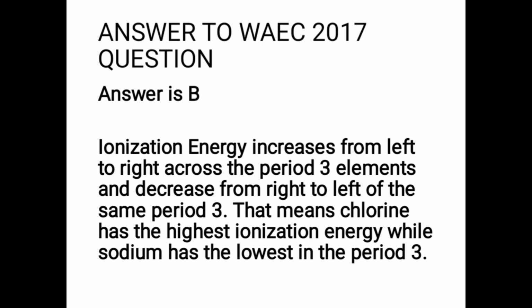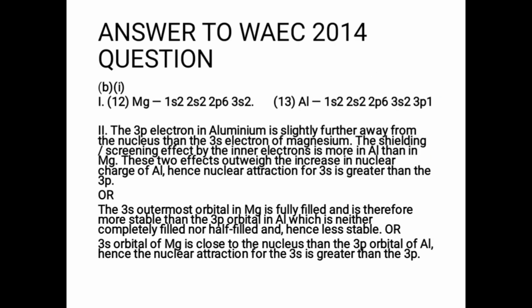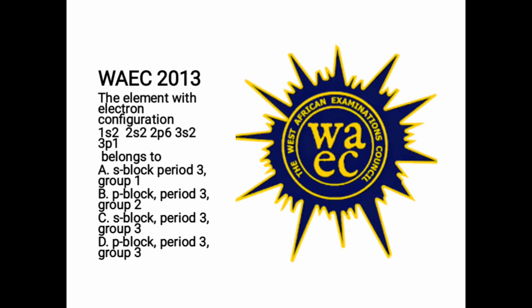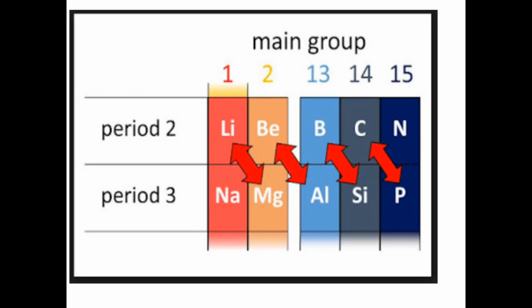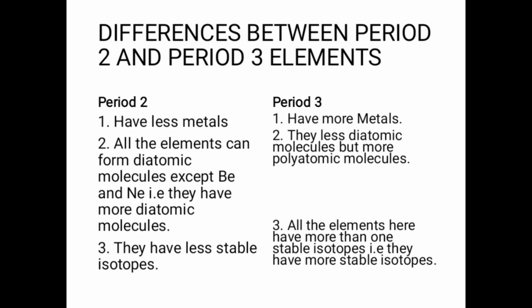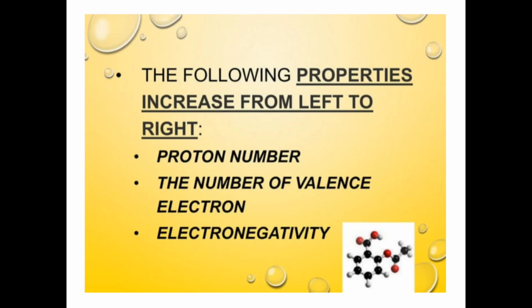So far so good. We have looked at the period 3 elements, and we have been able to establish different parts. We have looked at the differences between period 2 and period 3. We have looked at the similarities. We have looked at some of the properties that increase: proton number, valence electron, electronegativity, and ionization energy.